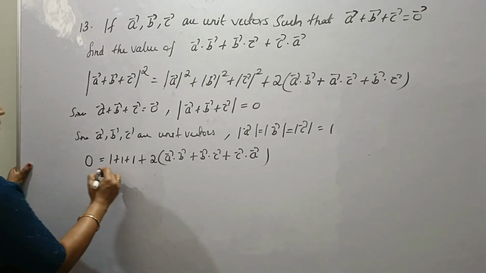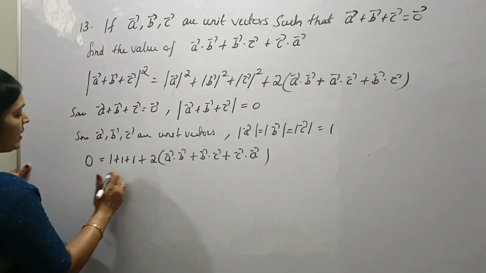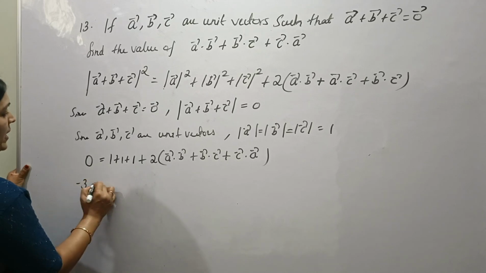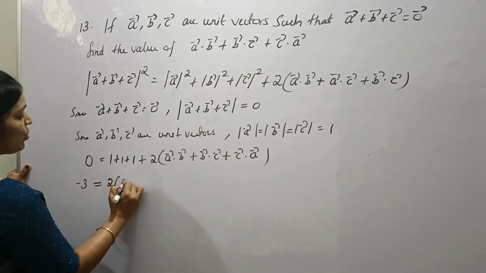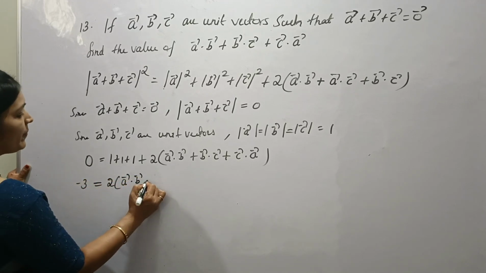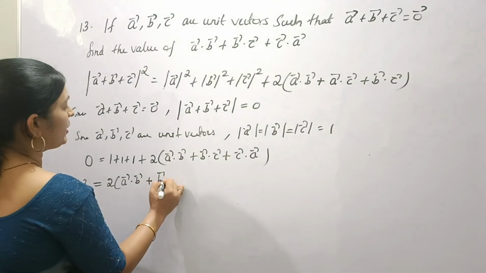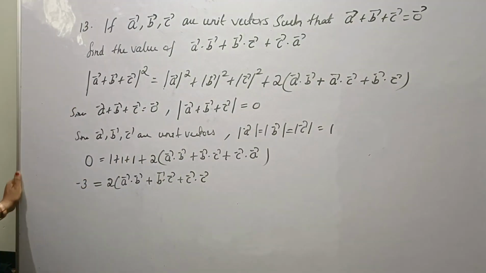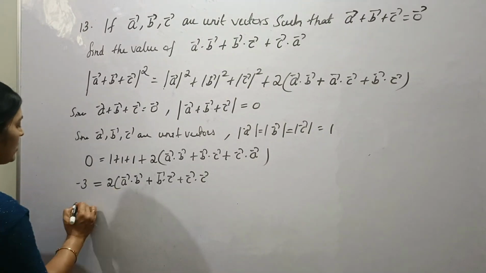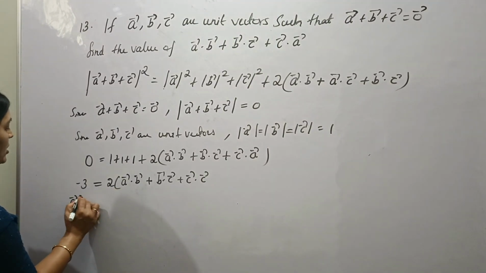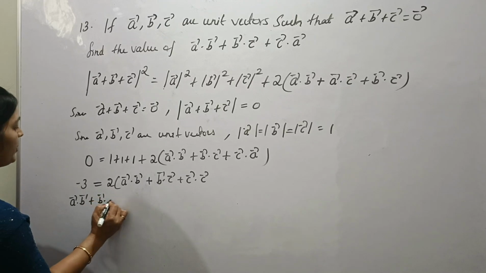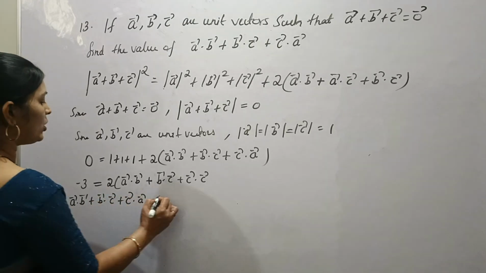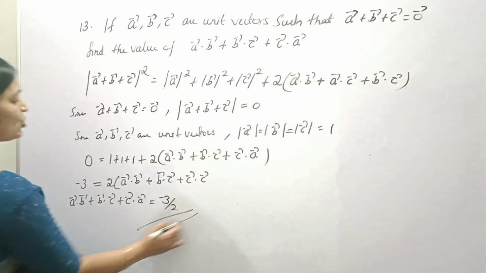Take this 3 to the left side. So, minus 3 is equal to 2 into vector a dot vector b plus vector b dot vector c plus vector c dot vector a. So here vector a dot vector b plus vector b dot vector c plus vector c dot vector a is equal to minus 3 by 2.